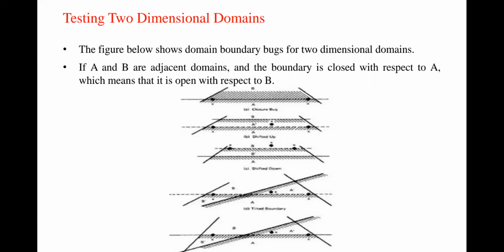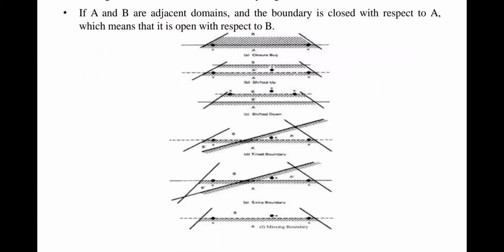These are the different bugs that arise in two dimensions. One is the closure bug, which is nothing but the boundary closure, that is, open or closed. Next is shifted up: actually it has to be represented in one position, but according to the bug it is shifted up.